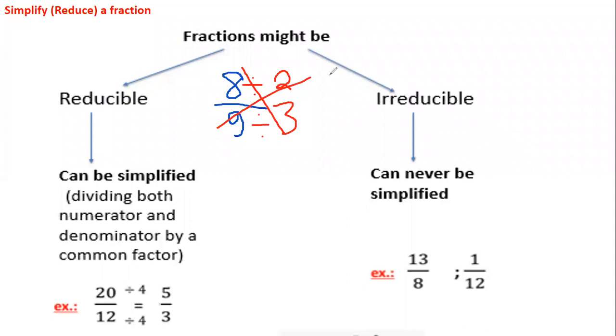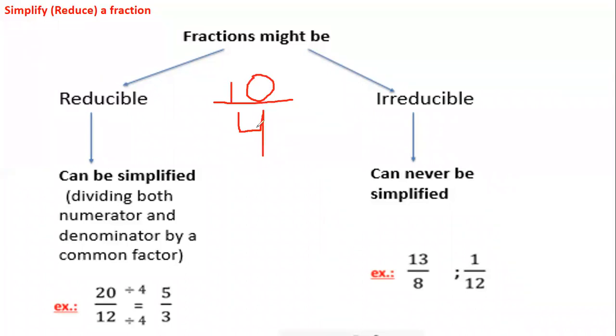Let me give you another example. For example, if I have the fraction 10/4, who can tell me what is the common factor I can divide 10 and 4 both by? By what? 2.